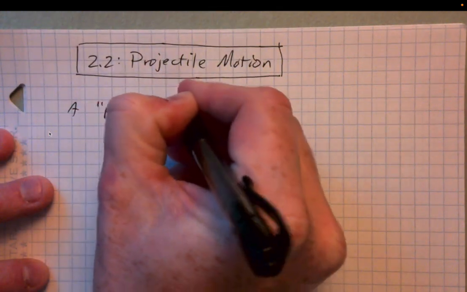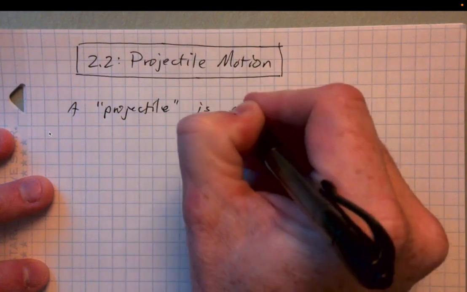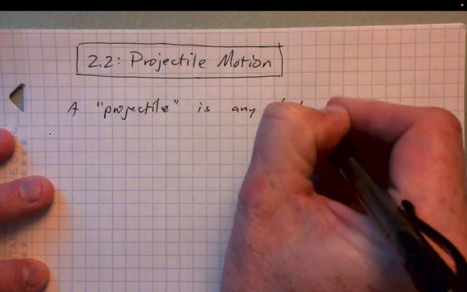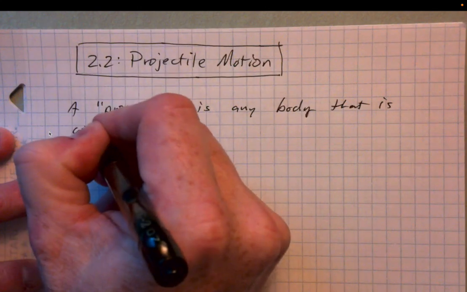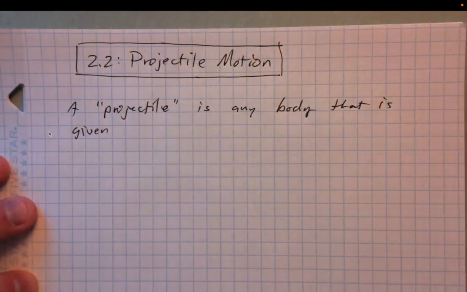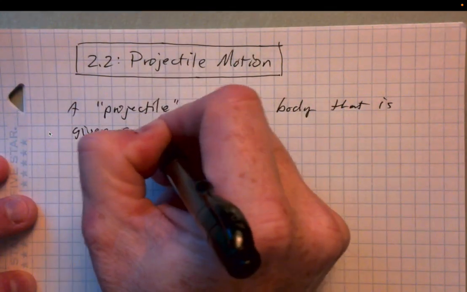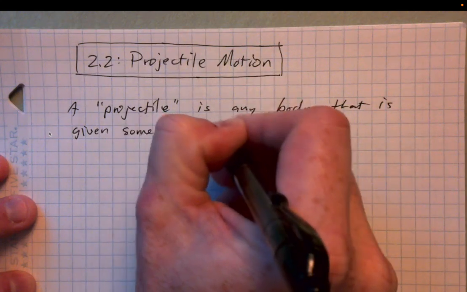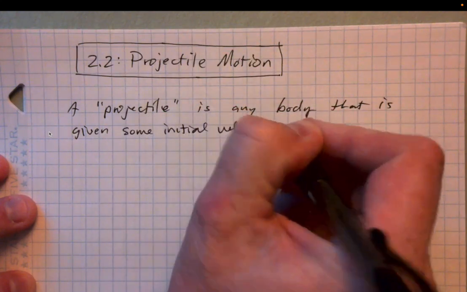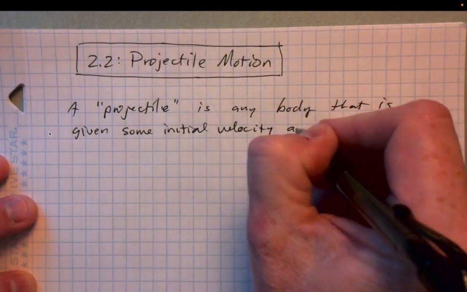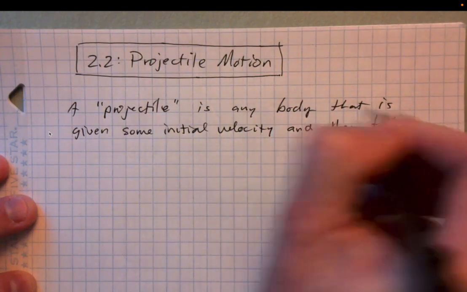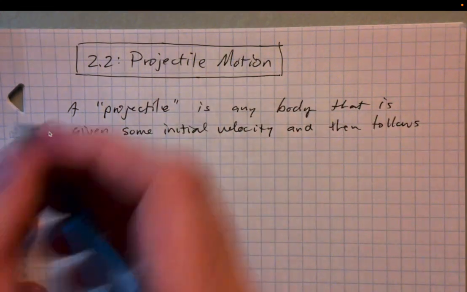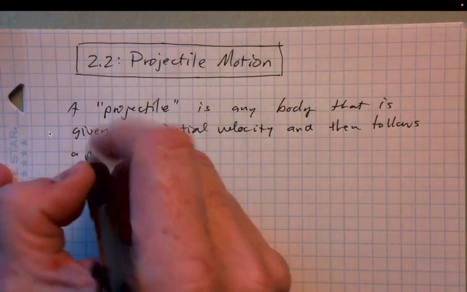A projectile is any body that is given some initial velocity, and then follows a path determined entirely by gravity.